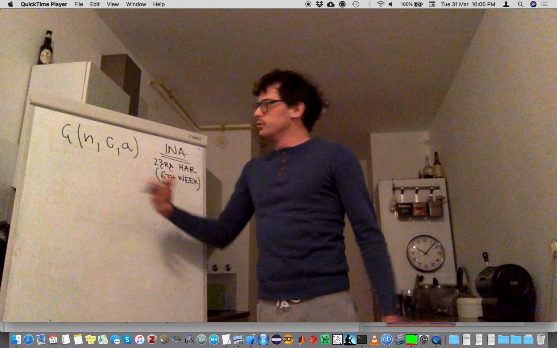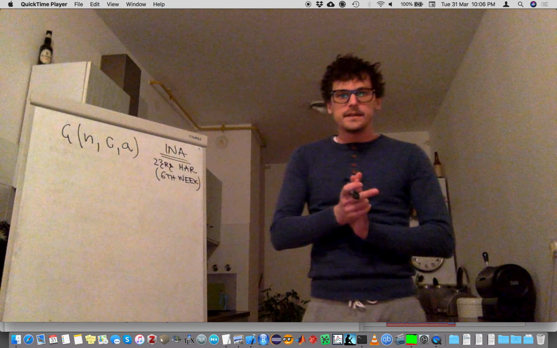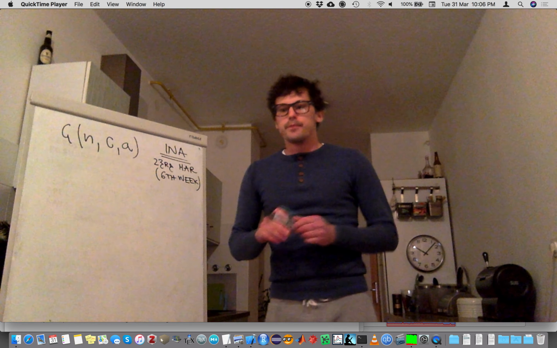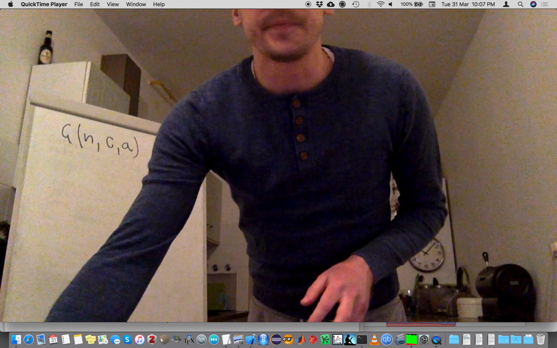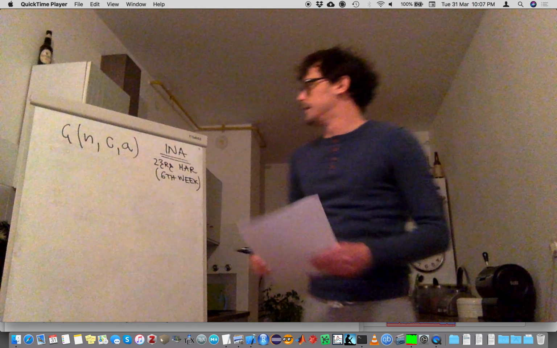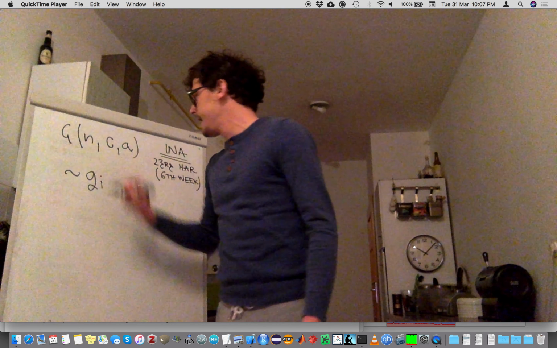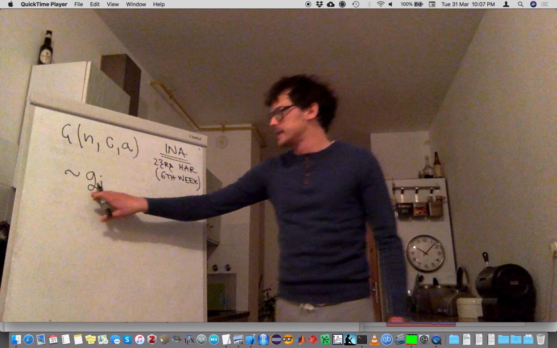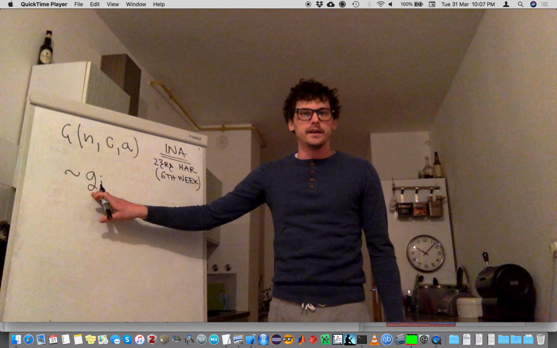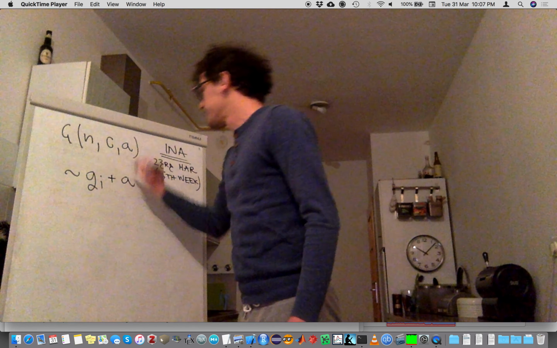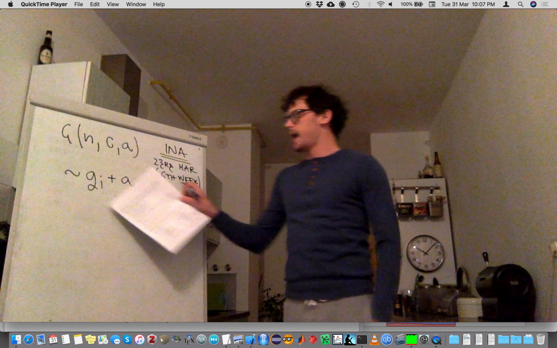When a newly arriving node generates links, it should link to the existing nodes with a probability proportional to their in-degree plus this parameter a. So if q_i, as on the slides, denotes the in-degree of node i, node i should be selected with probability proportional to q_i plus a.